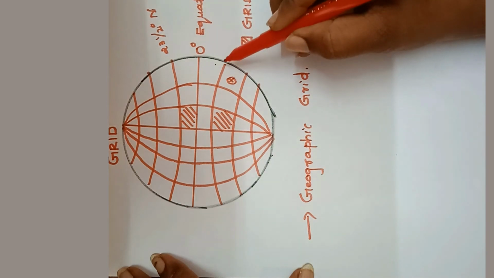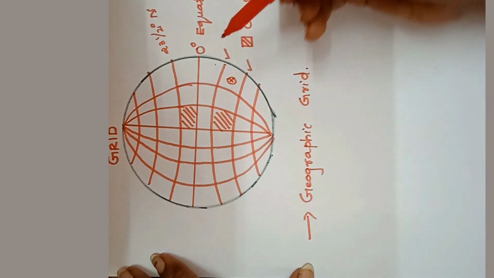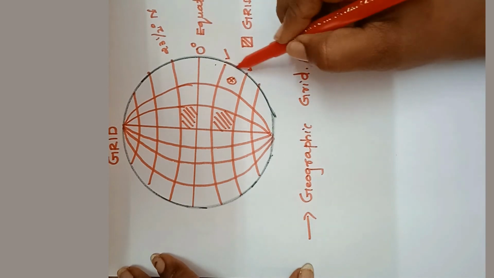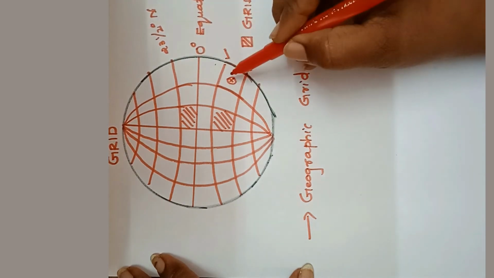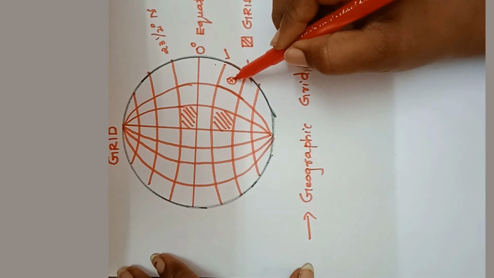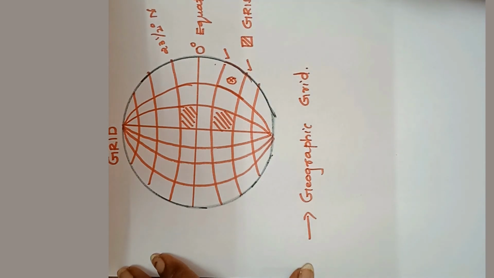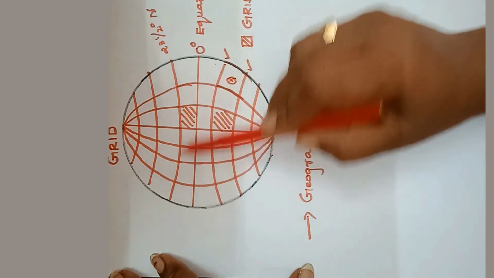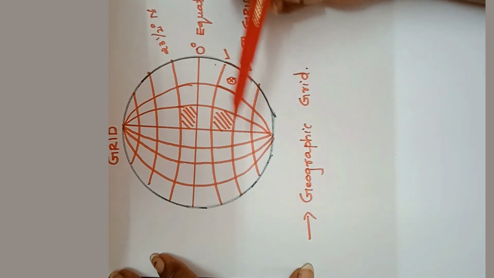Now you can take any map or a globe, and you can see various sections. On all maps and globes you can see various sections. All these sections are known as geographic grid. Actually, what is the purpose of drawing the geographic grid? Suppose I have to locate a particular place. I have to reference this particular location. I can't say simply west or east or north.